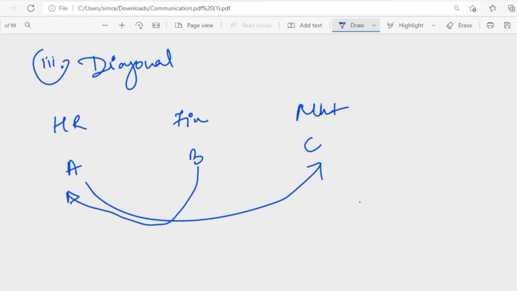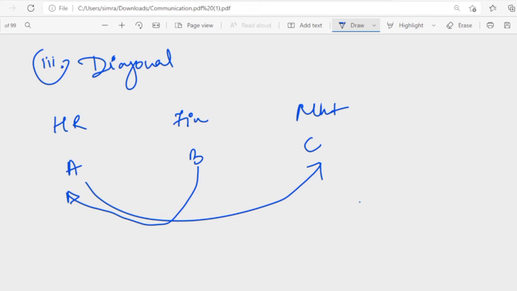Diagonal, because departments are different, right? Departments are different, posts are different. For example, maybe this HR person A is a manager, okay, and this marketing person C is just an employee.